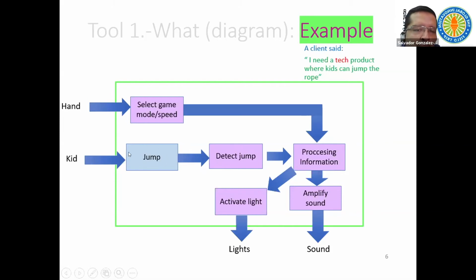He will jump with some hand. He or she will select the game mode or the speed. Then we will have to detect the jump. Then we have to process all the information we receive in order to activate the light and also the sound that we will have.